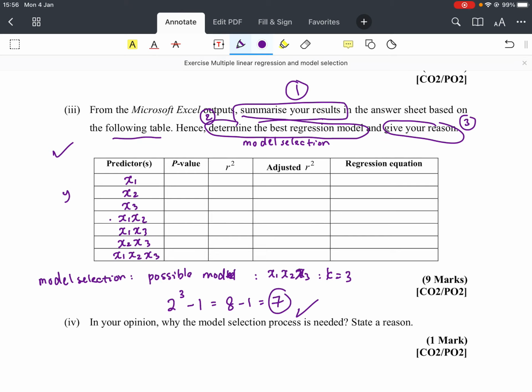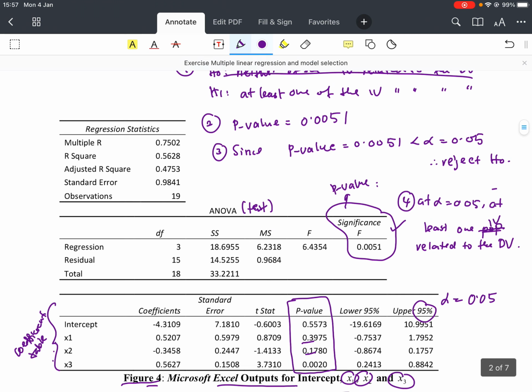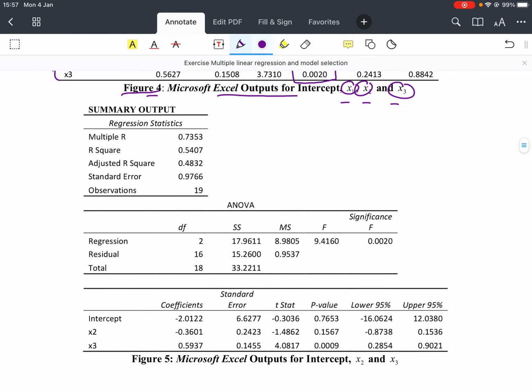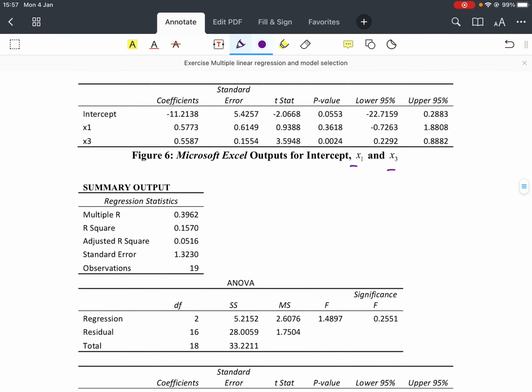So now we want to summarize the Excel output. Because you have 7 possible models, you will have 7 Excel outputs. So let's look at the Excel output. First, figure 4, the first Excel output. Figure 5 for x2 and x3, second Excel output. Figure 6 for x1 and x3, third Excel output.